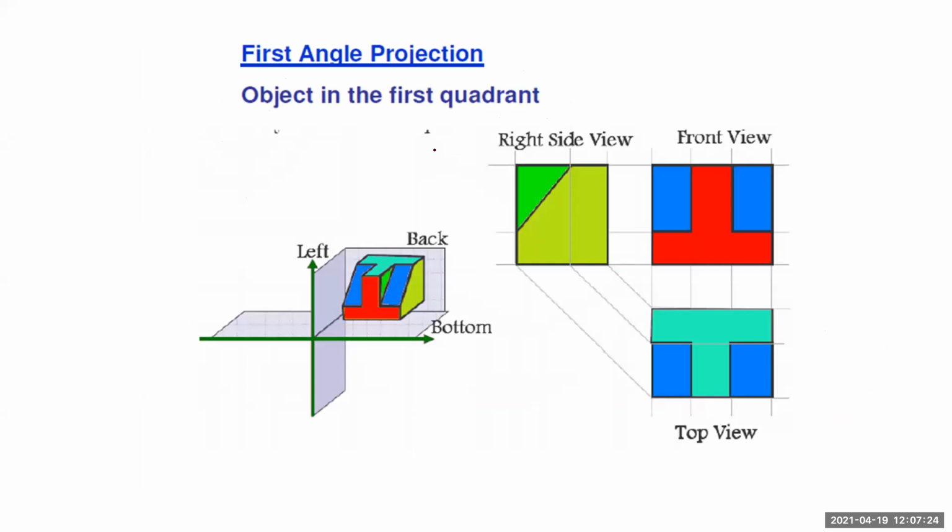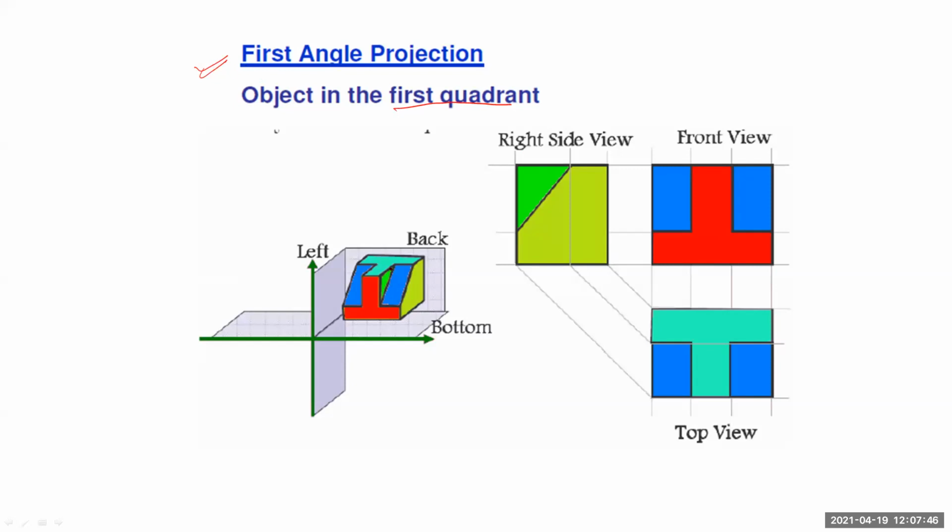Now some exercise problems for your practice we will see here. The object you can see here is placed in the first quadrant, and you have to draw its projections using the first angle projection method.